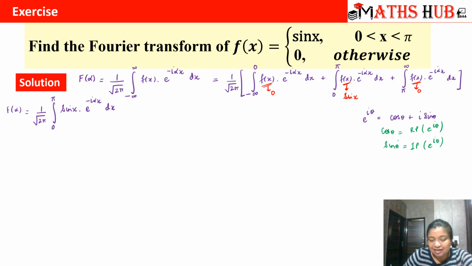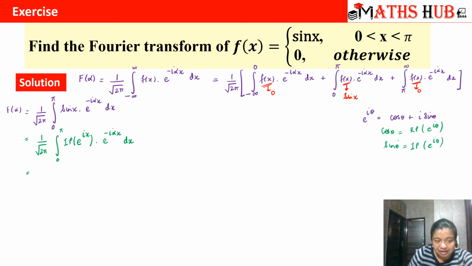So I have here sin x. So I can replace sin x and write 1 by under root 2 pi, 0 to pi, imaginary part of e raised to power iota x, right? Into e raised to power minus iota alpha x dx.